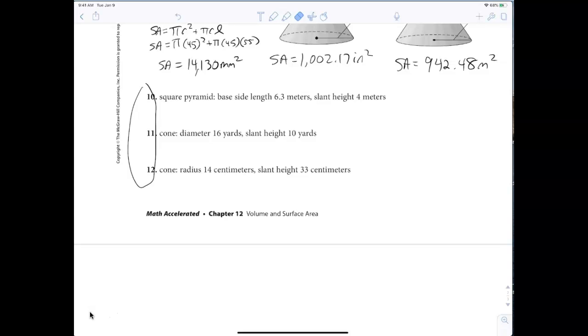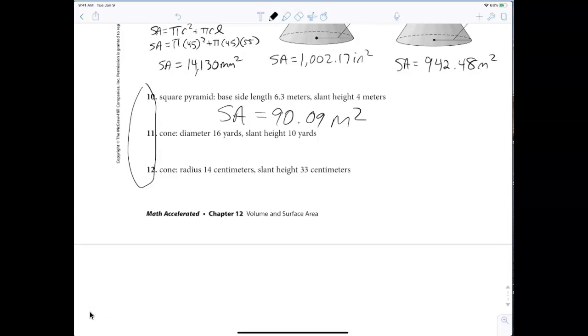All right, here we go. Square pyramid. Square base 6.3, slant height 4. I need the surface area. 90.09 meters. Anybody agree with that? Yeah. She got one right.